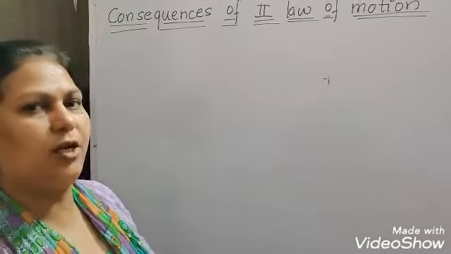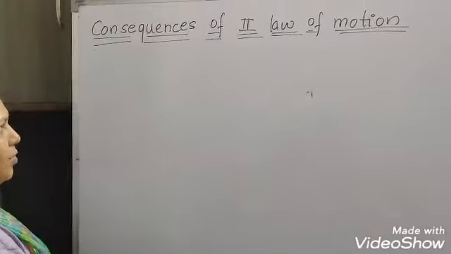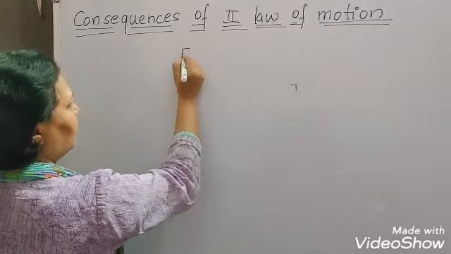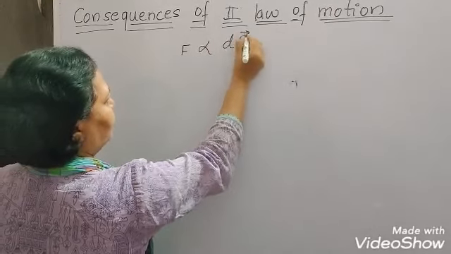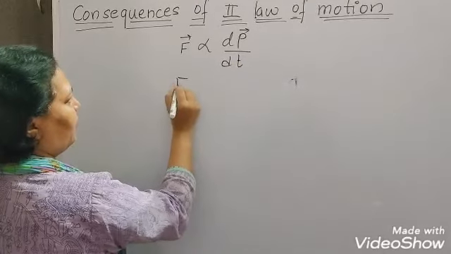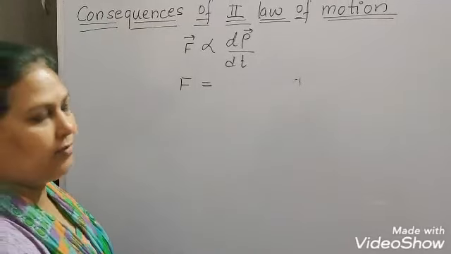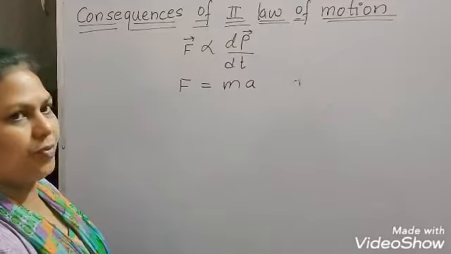Consequences of the second law of motion. We know that according to the second law of motion, the force is directly proportional to the rate of change of momentum, and we have derived that the magnitude of force is given by mass into acceleration.